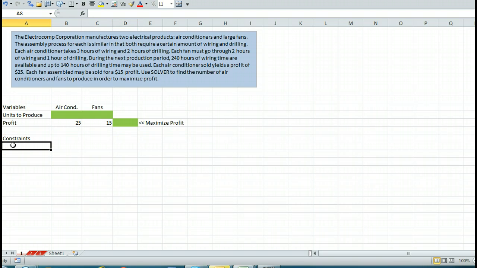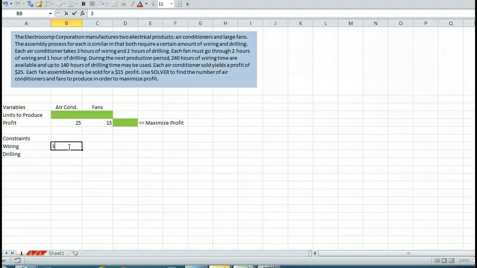Now, you see down here it says constraints. I want you to write in what the constraints are. We have two constraints. We have a constraint on wiring, and we have a constraint on drilling. Now, this problem tells us that each air conditioner requires 3 hours of wiring.